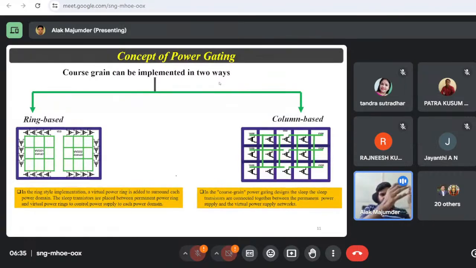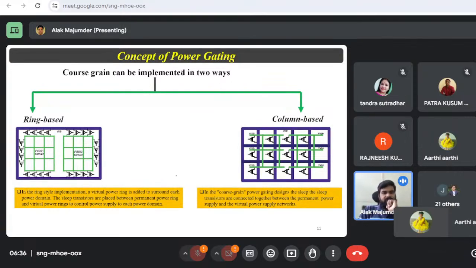Now both these concepts of fine grain and coarse grain power gating can again be done in two ways. One is ring based, another is column based. Now this is mostly related to layout, right? Not the circuit specifically. In the layout, you can think of this arrangement.